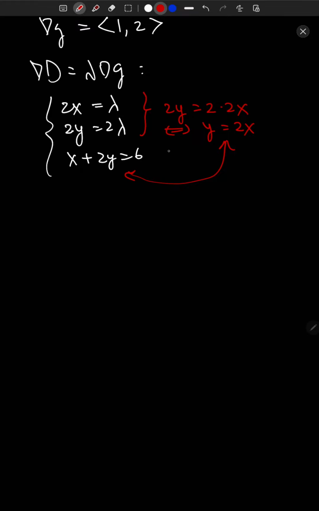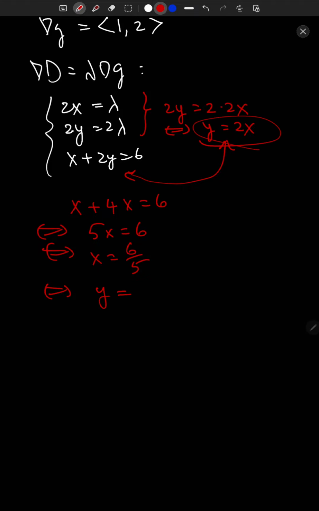So this tells me, plugged into the third equation, x plus 4x is equal to 6, which tells me 5x is equal to 6, which tells me x is equal to 6 over 5, which tells me y is equal to, well, y is equal to 2x. So if x is 6 over 5, y is equal to 12 over 5. All right, so the point that's as close as possible to the origin on our line is (6/5, 12/5).